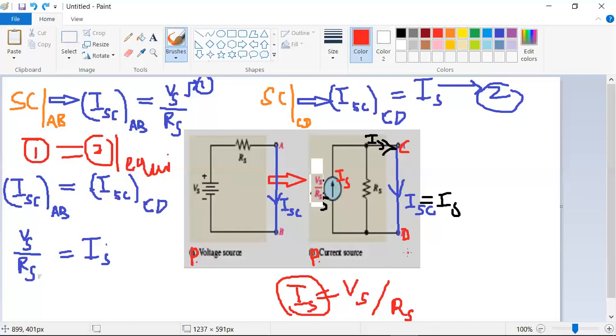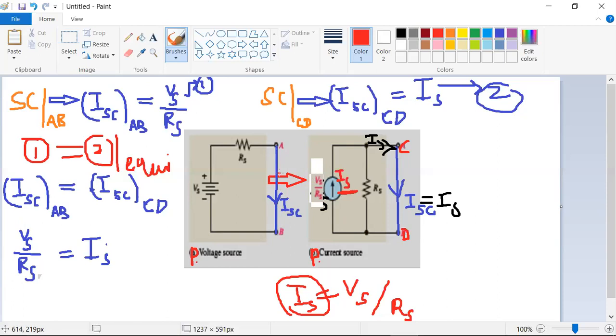For converting current source to voltage source, you should make A B and CD open circuit. Then only you can get the output voltage. Why? Because if I didn't short circuit across A and B, you can't measure this IS, since without short circuiting A and B, how will the current flow through this? Makes sense, right?